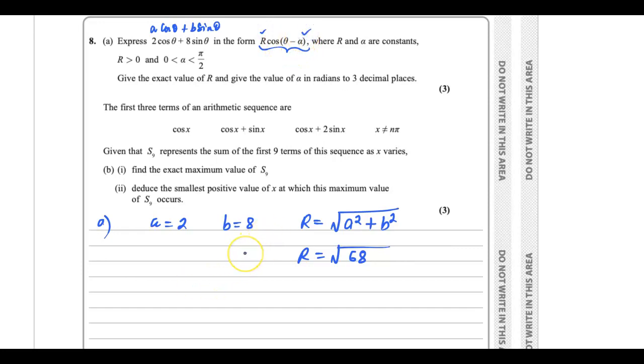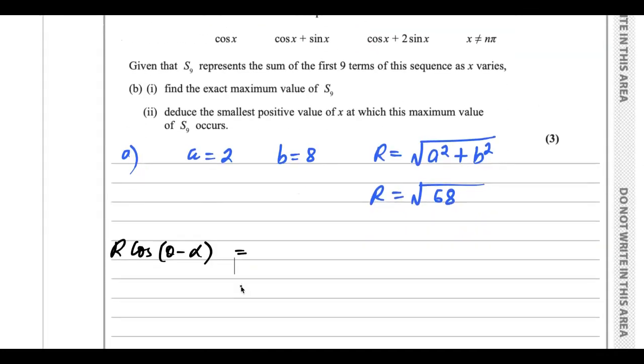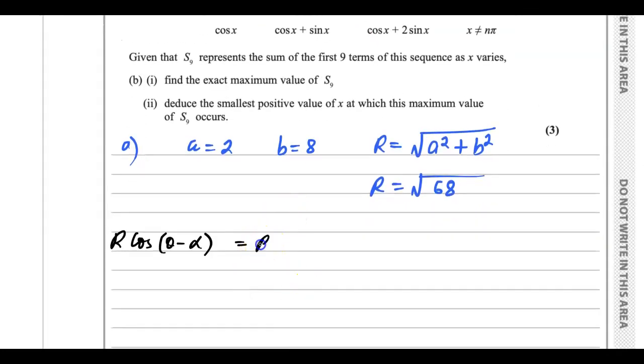Let's find out alpha. If we expand r cos(theta minus alpha), it will give us r cos theta cos alpha plus r sin theta sin alpha.